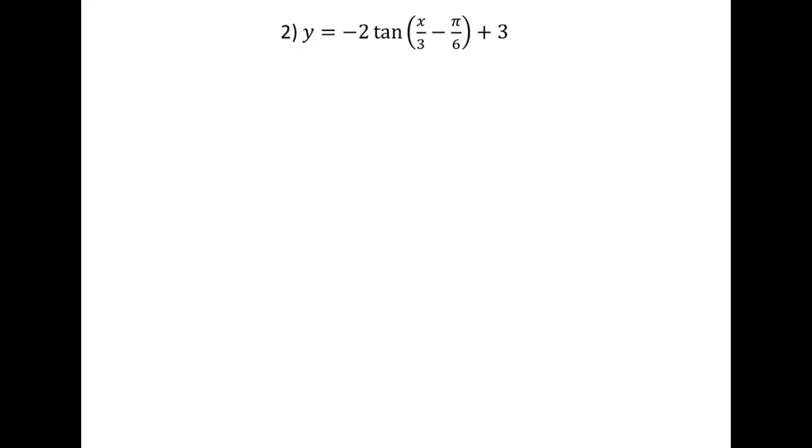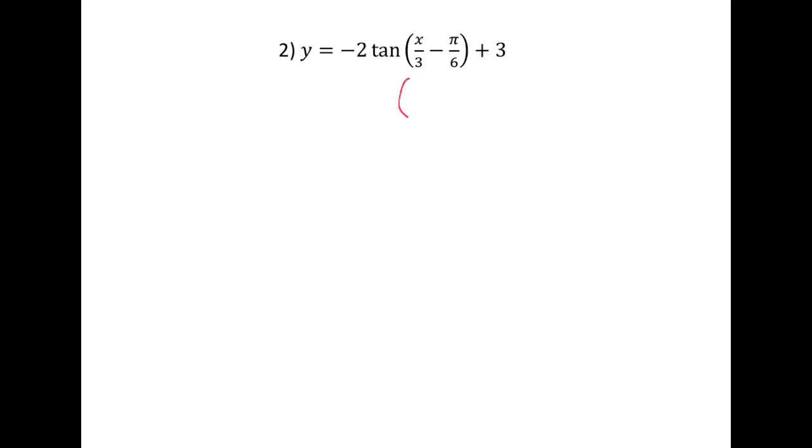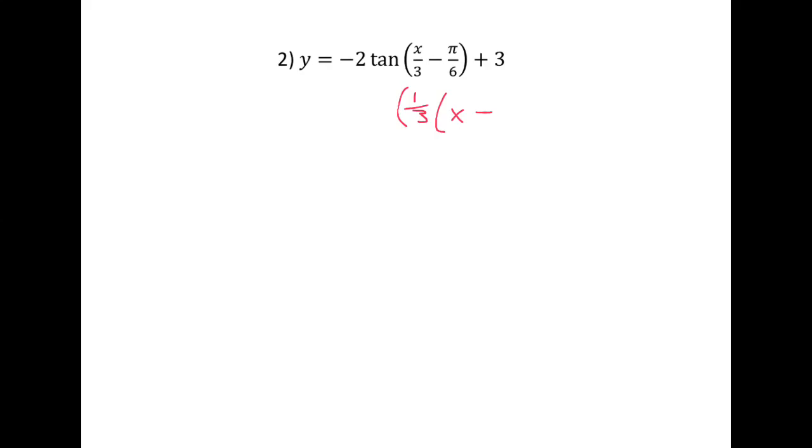Okay, second graph here, y equals -2 tangent x over 3 minus pi over 6 plus 3. Okay, so again, let's factor the inside. That's always how we start. We'll factor out that 1/3, and we'll be left with x minus, if you pull a 1/3 out of a 1/6, what did you do?